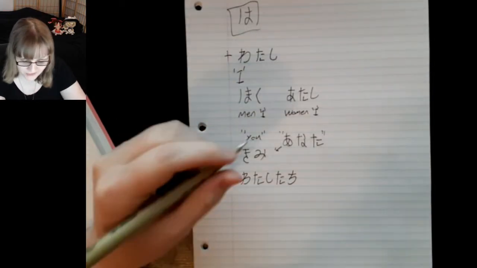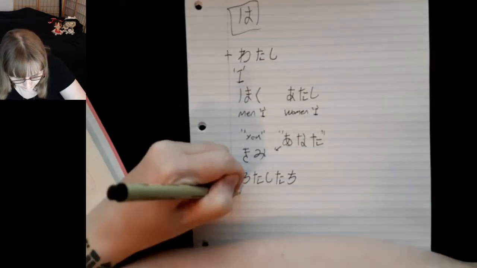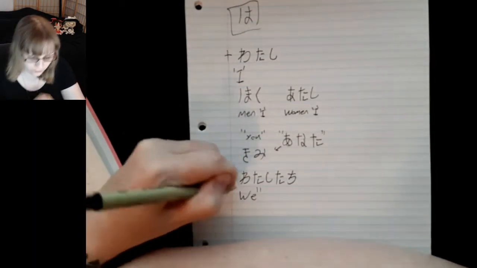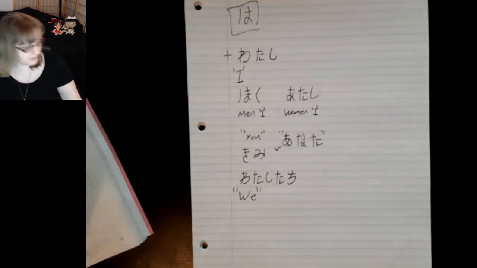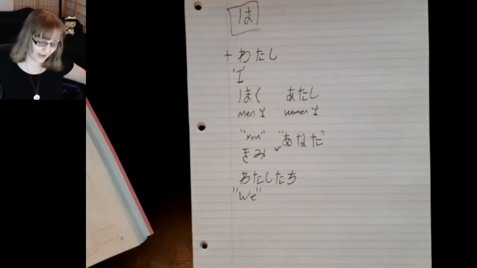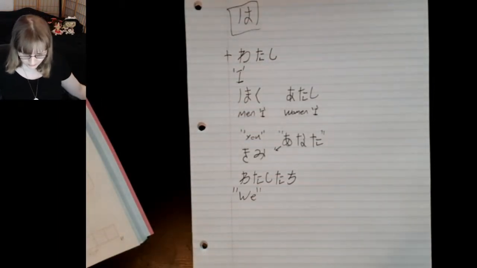This is the we form of referring to oneself. We like doing this, we had a good time, etc.